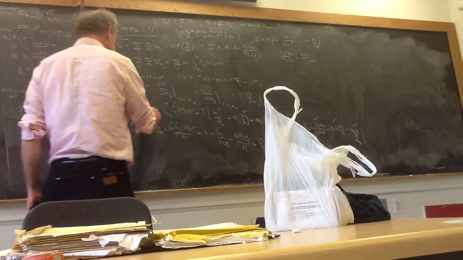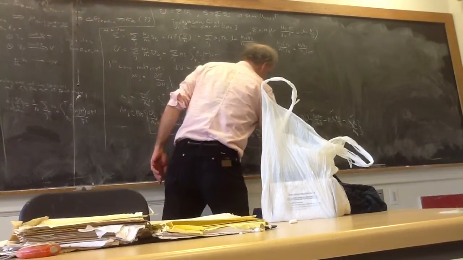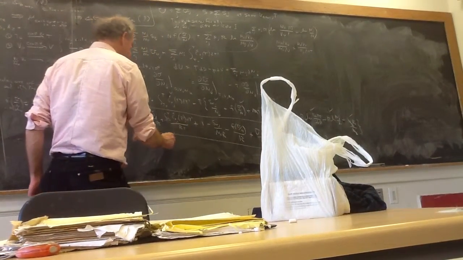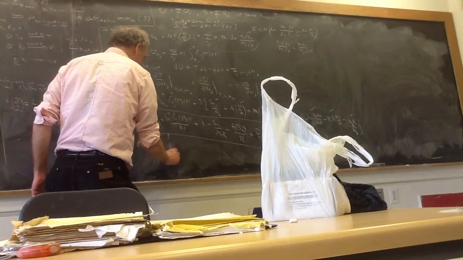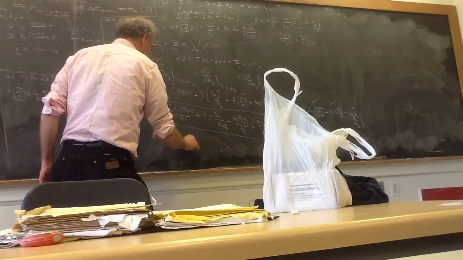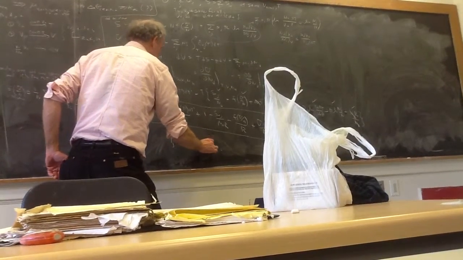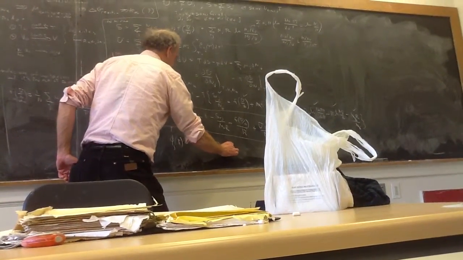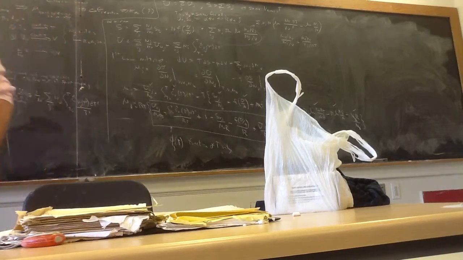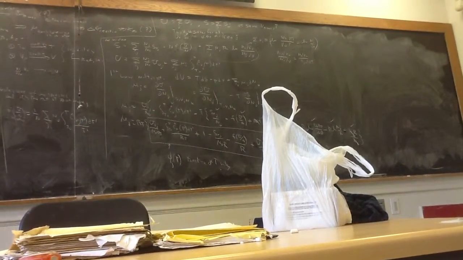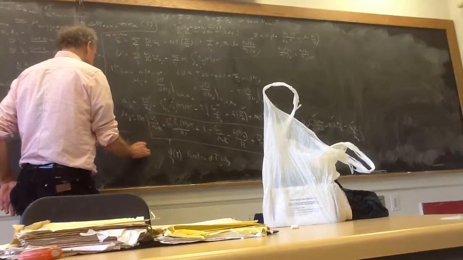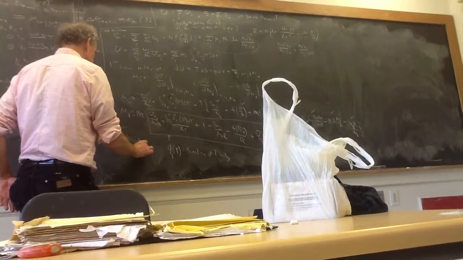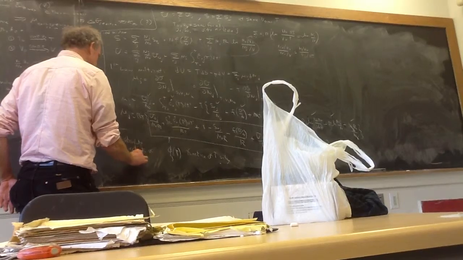So all of this is a function of temperature only, and I'm going to call that phi j of T. And I'm going to call phi j of T the absolute activity of species j.